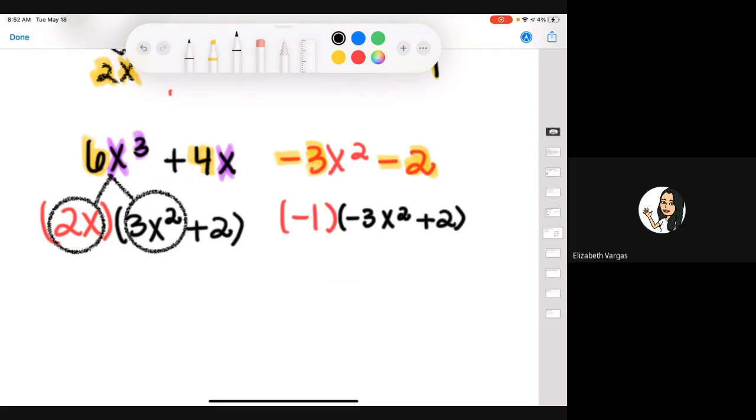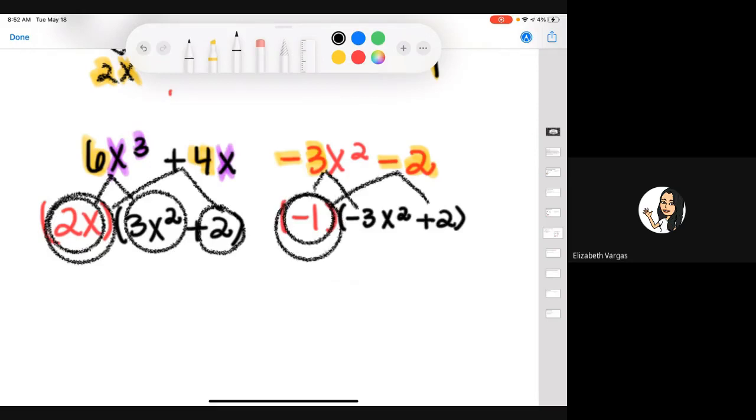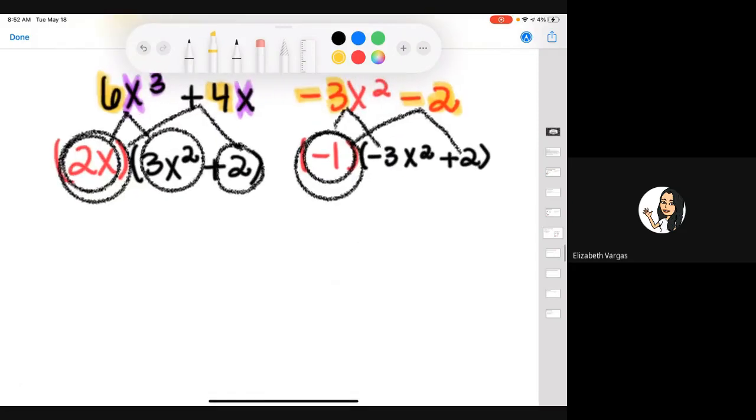I multiply that together, gives me that expression. Okay, so that's basically what I'm showing here. And now I'm just going to put together, if I have common ones, do I have any common ones? Well, I have 3x squared plus 2.